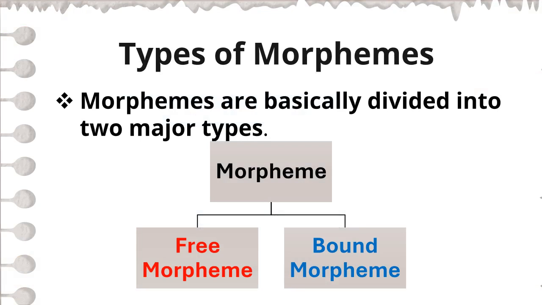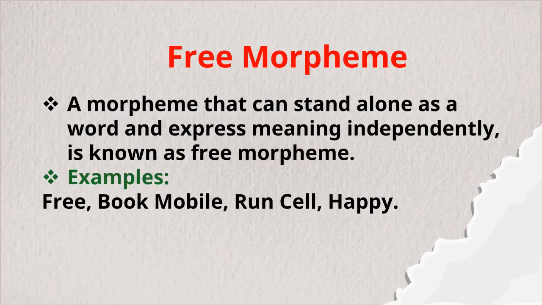So let's get started. In linguistic analysis, morphemes are divided into two major types. The first type is known as free morpheme, and the second type is known as bound morpheme. In this lecture, we will represent free morphemes in red and bound morphemes in blue for visual distinction. Let's first discuss free morpheme.